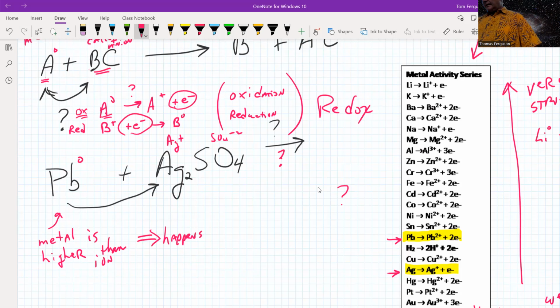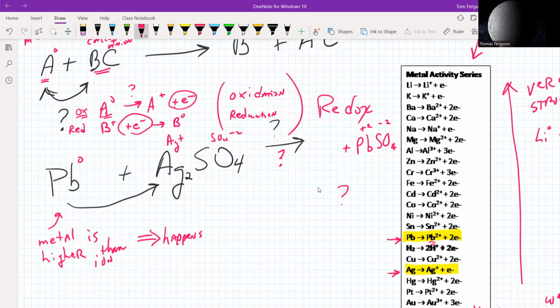So that means we're going to get lead +2 now, lead sulfate. And the silver becomes a metal. So that's what we end up with.